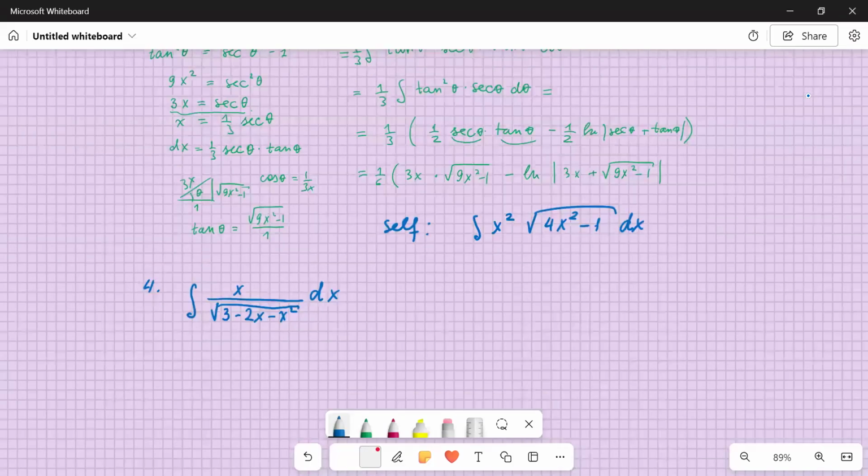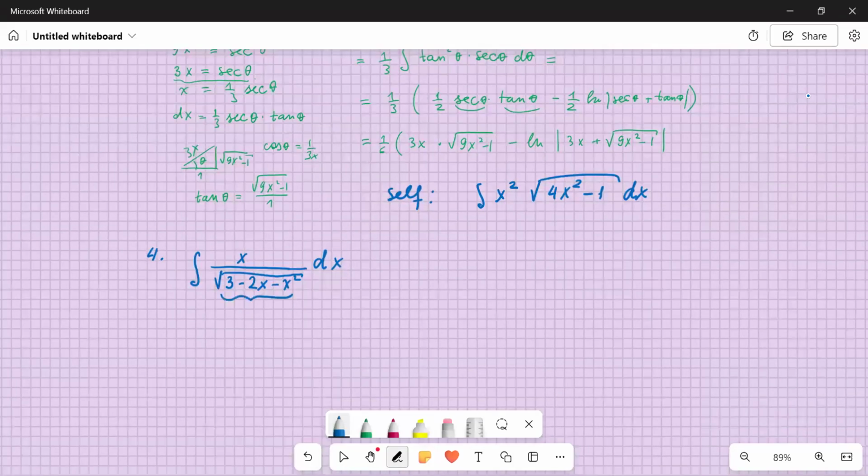So, how do I turn this into a binomial? A square minus x squared. I'll need to complete the square for the expression with x. 3 minus 2x minus x squared equals.